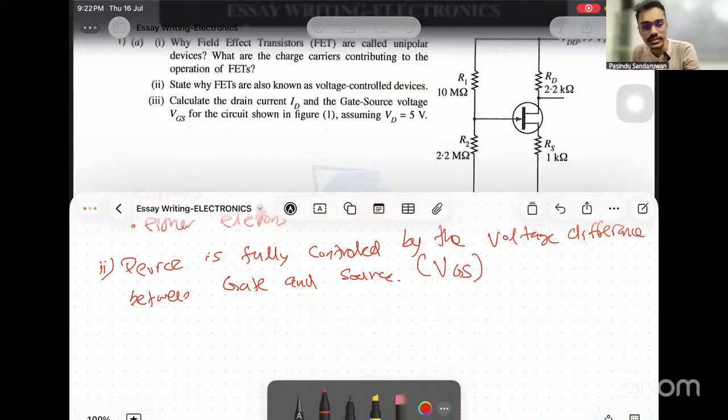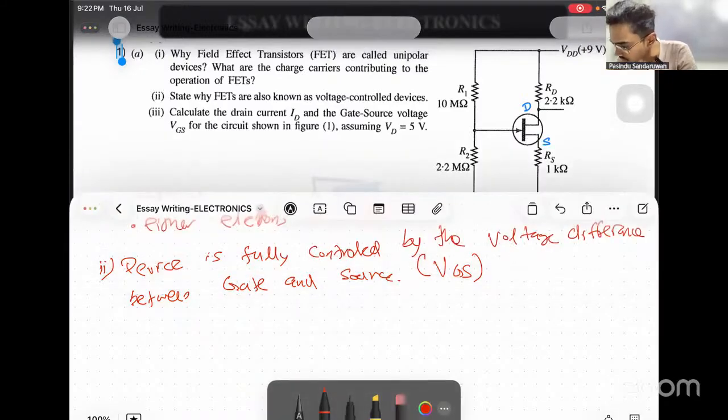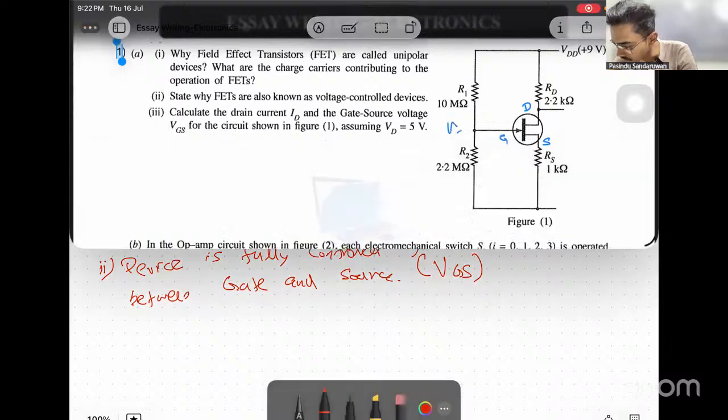Then third, calculate the drain current ID. This is the calculation part. Calculate the drain current ID and the gate source voltage VGS for the circuit shown in figure 1, assuming VD equals 5 volts. This is D, and this is S, and this is G. If this is G, this is VG.